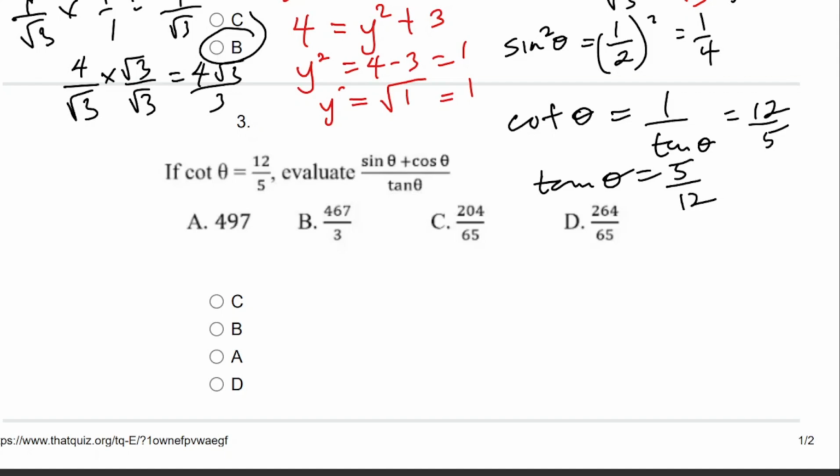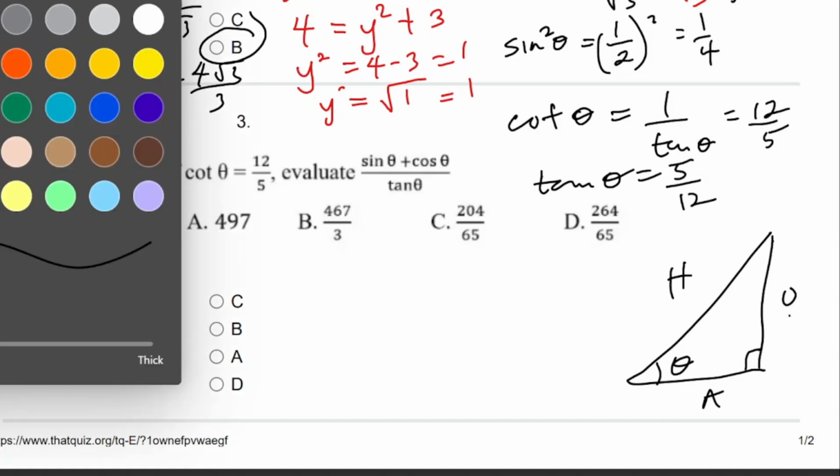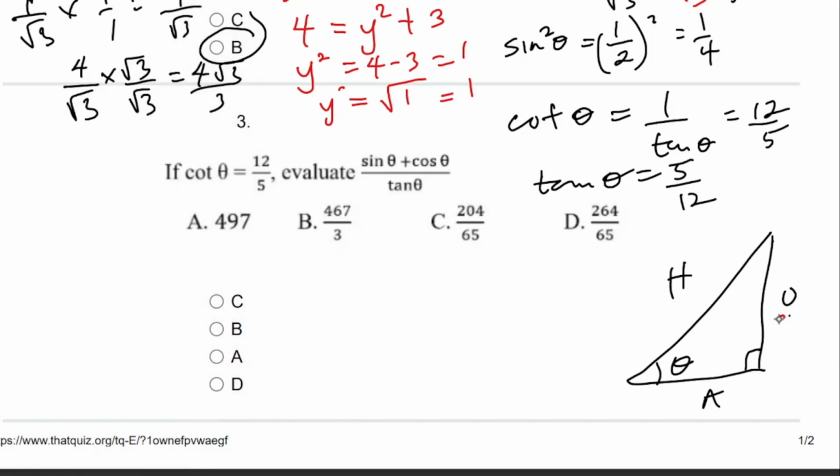So having known this, we can then draw our right angle triangle. Let's put our theta here. Opposite, hypotenuse, adjacent. The opposite is 5 and adjacent is 12.